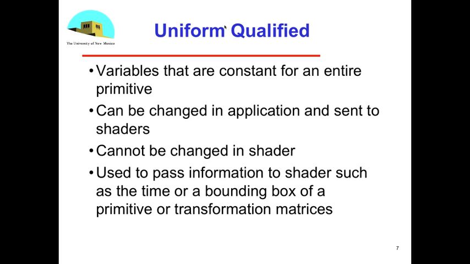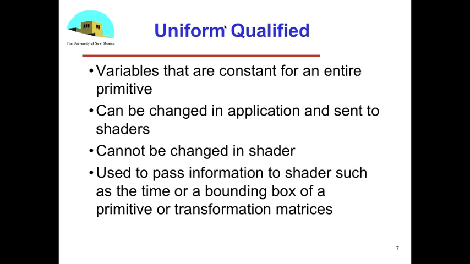Well, those are called uniform qualified variables. They're set inside of the application program and sent over to the shader, where they can't be changed within the shader. So you cannot make changes to them on a vertex by vertex basis, because you want them to be the same for the vertex.